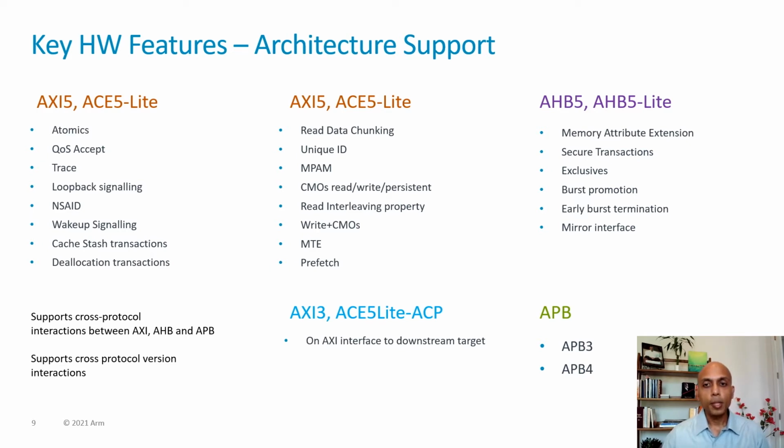In AHB, we have support for exclusives, extended memory attributes, burst promotion, etc. And NI700 allows native bridging between these different protocols. So we support cross-protocol interactions between ACE, AHB, and APB.